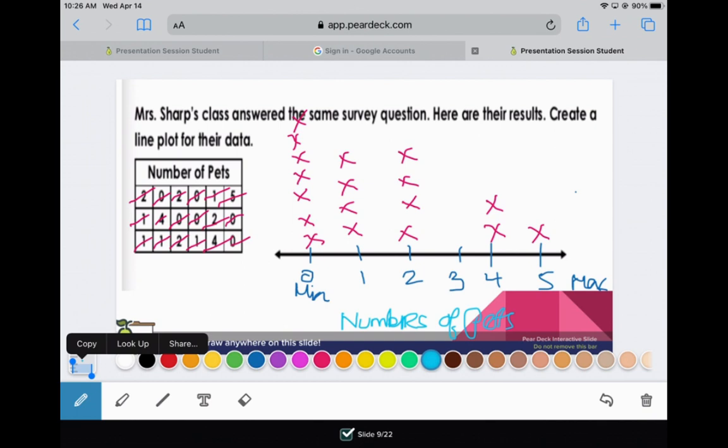So for the 0 pets, I'm counting how many 0s. That would be how many x's. I saw some of you, as I looked through Pear Deck, do one number at a time. You count how many 0s, make exactly that many x's, and then move on to 1. That is okay too. You don't have to do what I do, but make sure that you don't miscount.